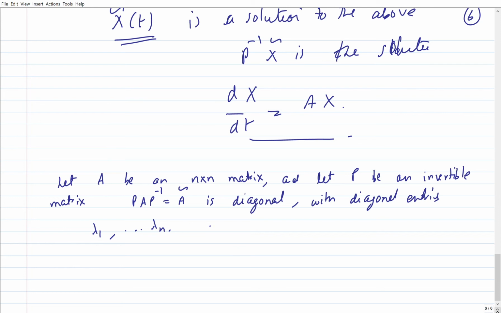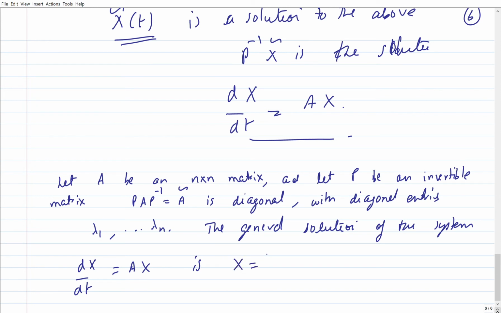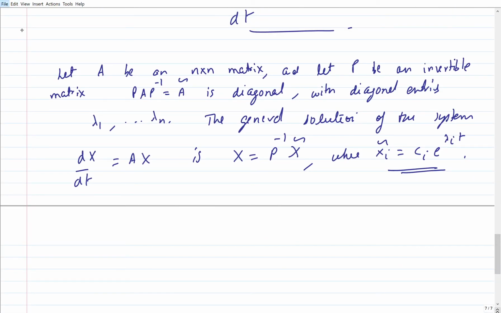Then the general solution of the system dx by dt equals A x is nothing but x equals P inverse x tilde, remember, where x tilde i equals c i e to the power of lambda i t, for some arbitrary constants c i. So that is all there is to it.